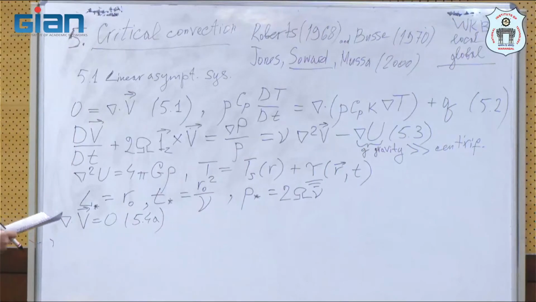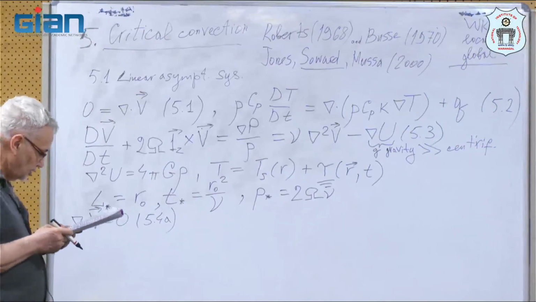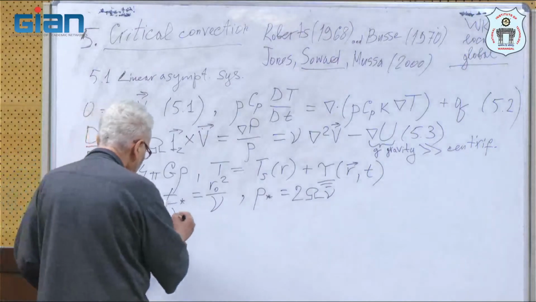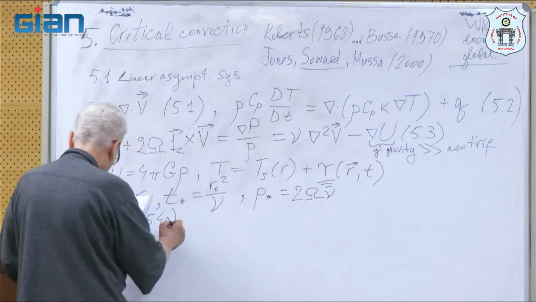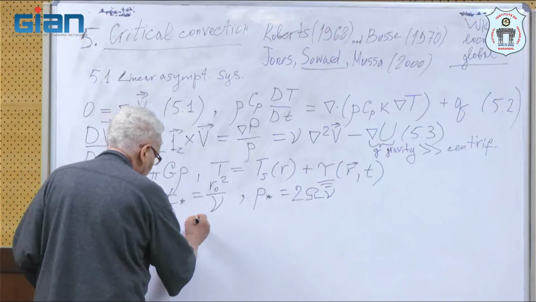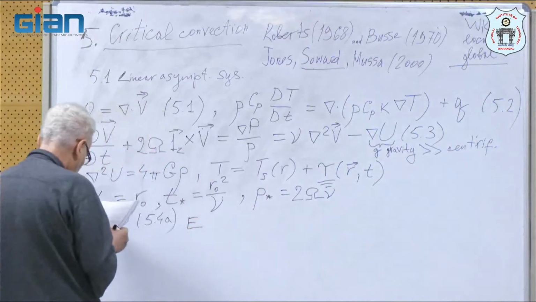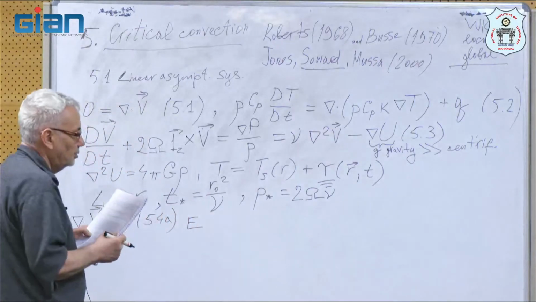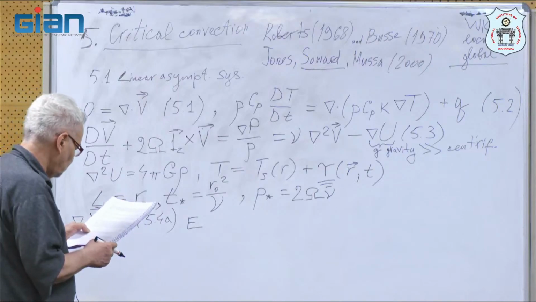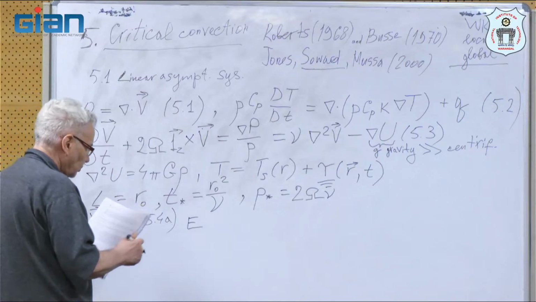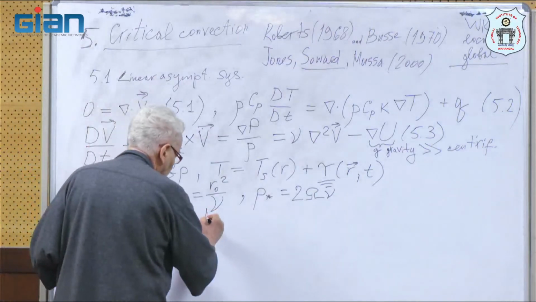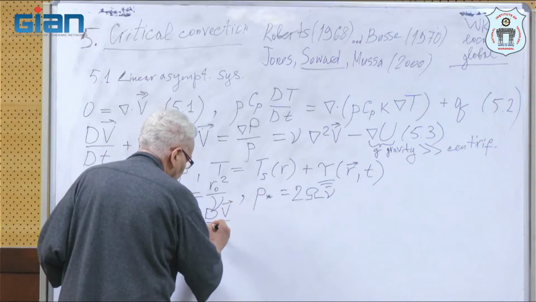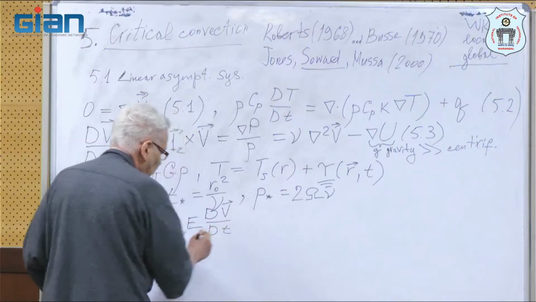Then the next in importance is the Navier-Stokes equation itself, and it has a very interesting form. There is the Ekman number, which you know, so I will not define it here; I just wrote it in the right place. And there is the substantial derivative of the velocity.